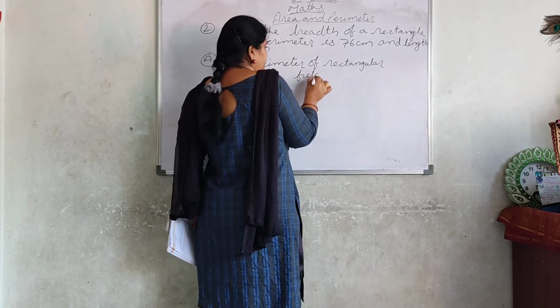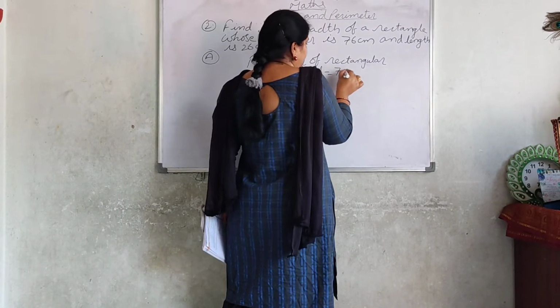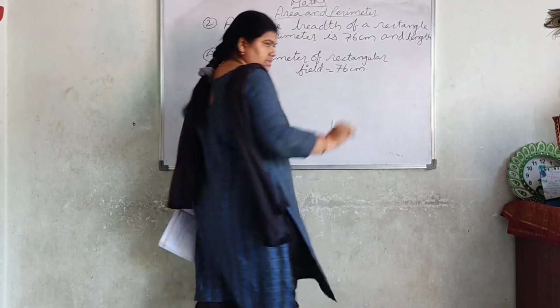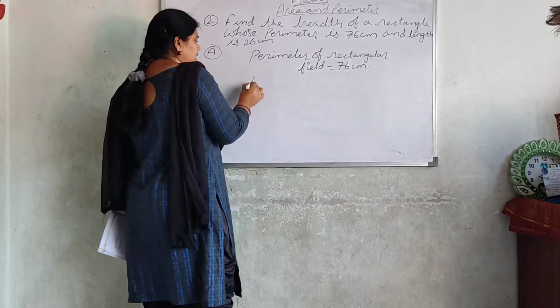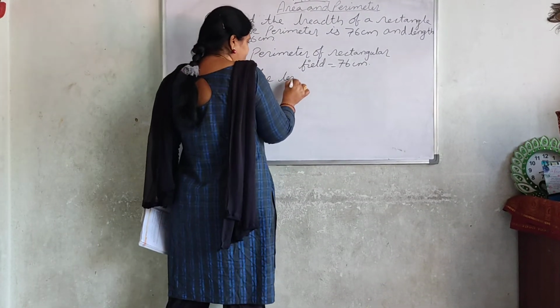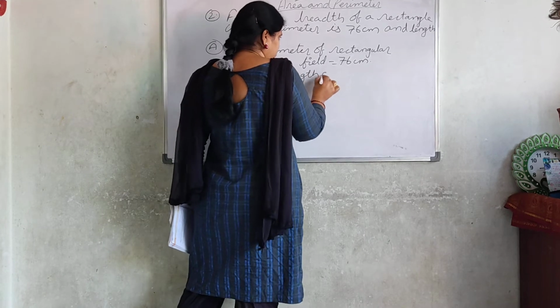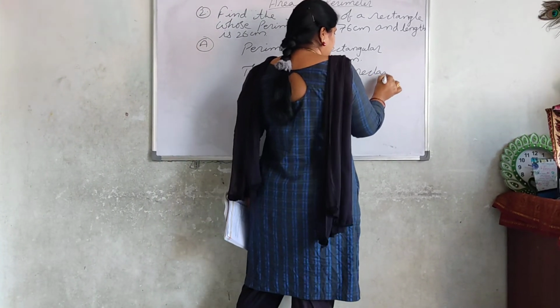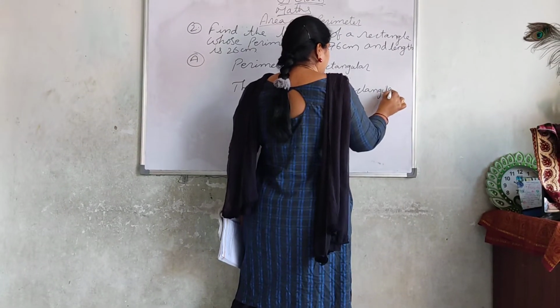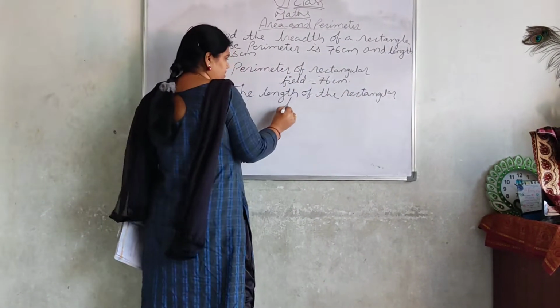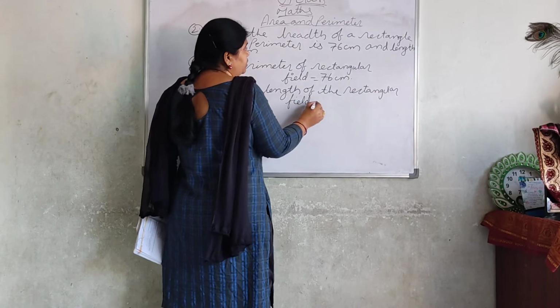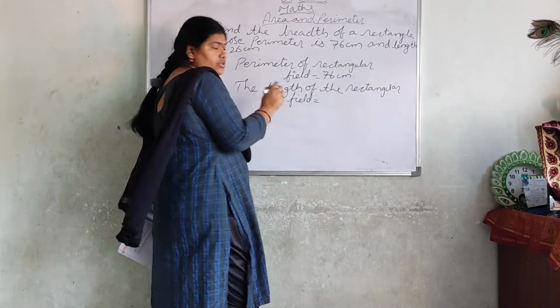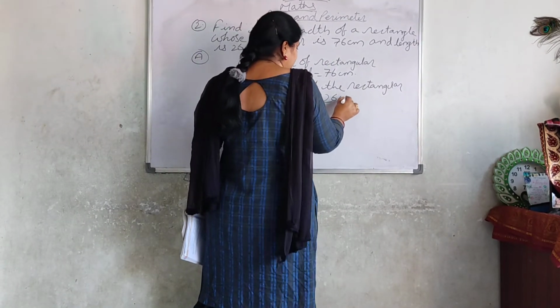Now, the perimeter of a rectangular field is equal to 76 centimeters. Okay. Now, the length of the rectangular field, what is given? Length is equal to 26 centimeters.